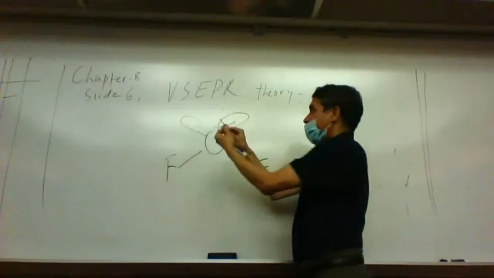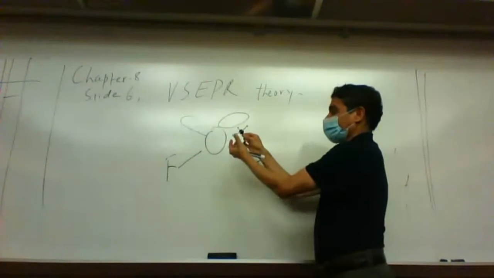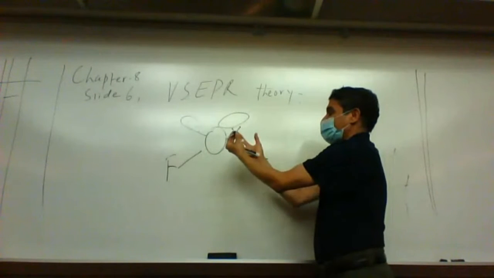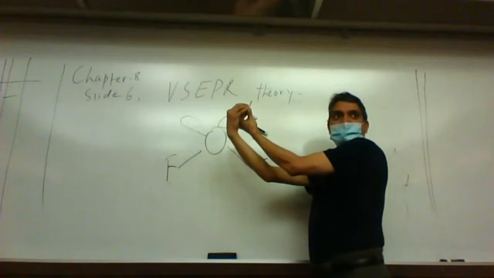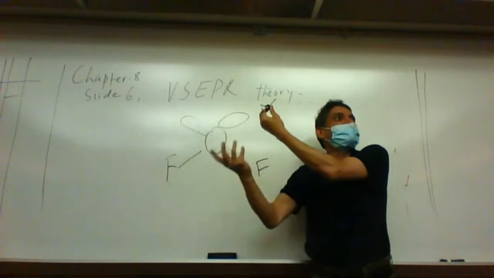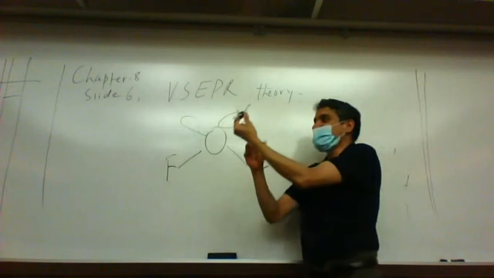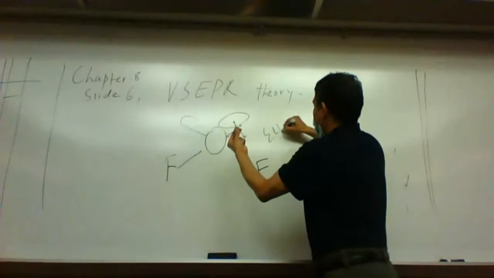Make sense? So how does the electron pair geometry look? This is 1 pair, this is another pair, this is another pair, this is another pair here, right? It looks exactly like a tetrahedron, like CH4. Make sense? So this is called the electron pair geometry.